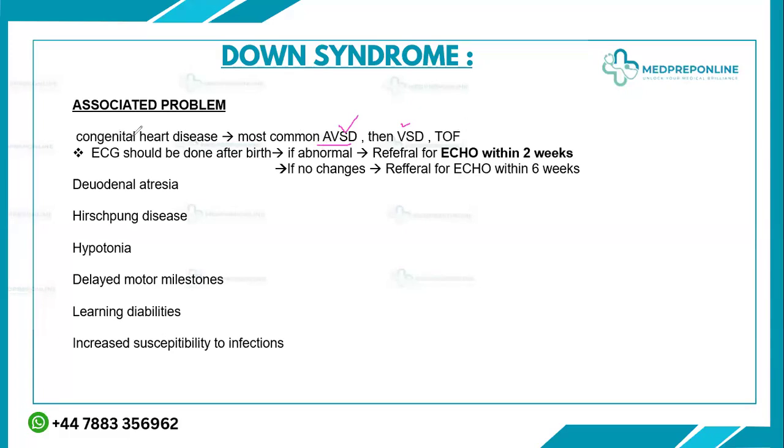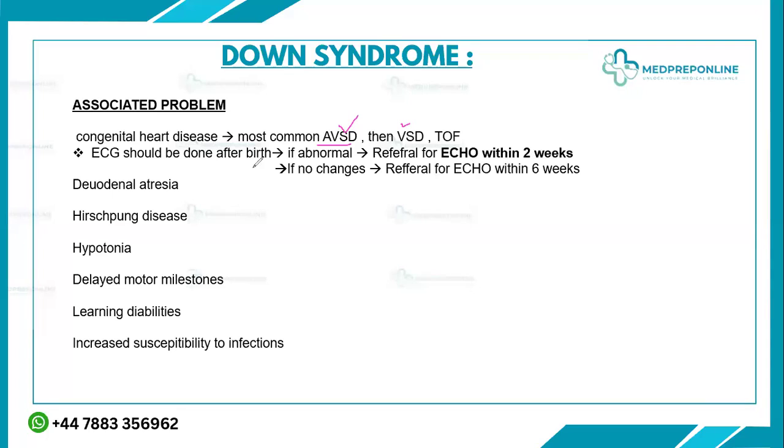Okay, then if the child has Down syndrome, we know there is a risk of congenital heart disease. So according to the guideline, ECG should be done soon after birth. Depending upon whether the ECG is normal or abnormal, we are going to refer the child for echo. If the ECG is abnormal, refer for echo within 2 weeks.